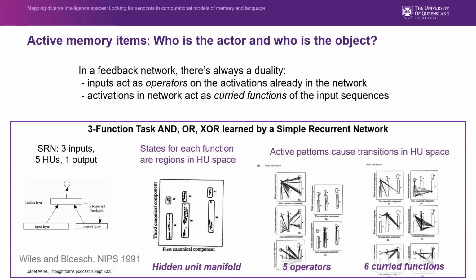There are 5 different input types, so there are 5 different operators, and you can map the transitions within that entire space for all of those operators. Or you can think about each of the 6 major regions in that space that compute this function as being curried functions, and you can start from positions in those spaces and ask, what does the input do to the inputs? So you can look at it in terms of operators and curried functions, and you can actually map these dynamics. And this was all done with Boolean inputs, real valued hidden units.